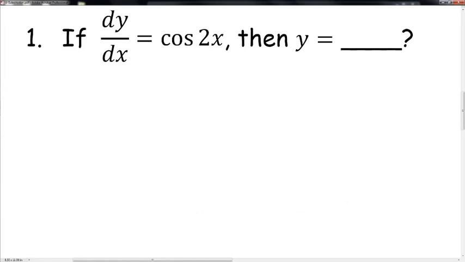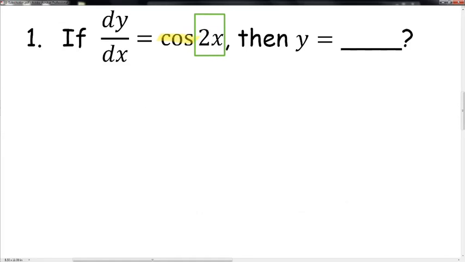All right, if dy/dx is equal to cosine of 2x, then y is equal to. And so I'm talking about a function of functions. I have a trig function, that's one function, and then I have an interior function, 2x.